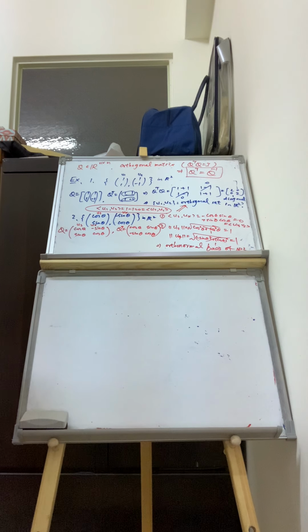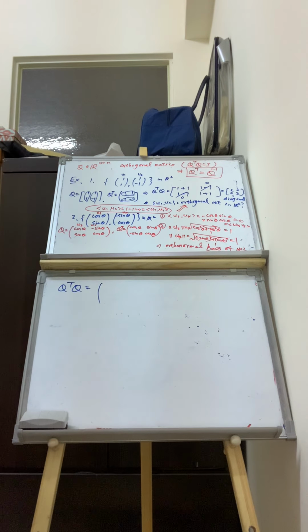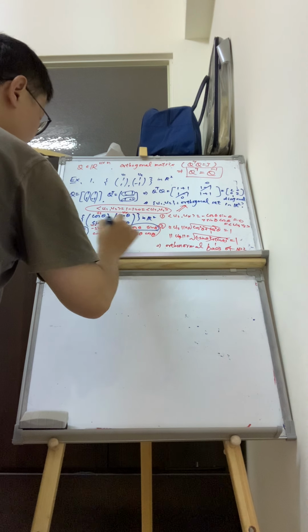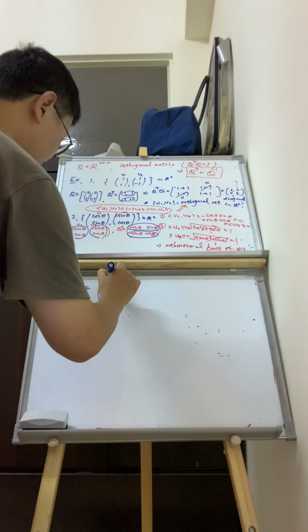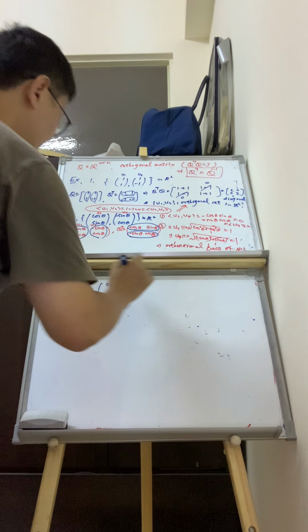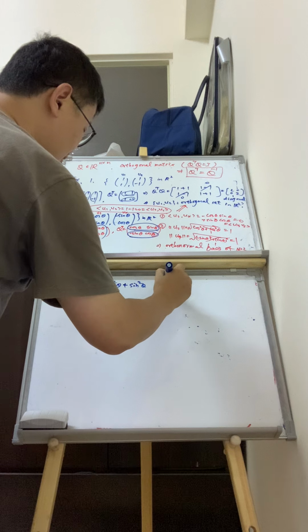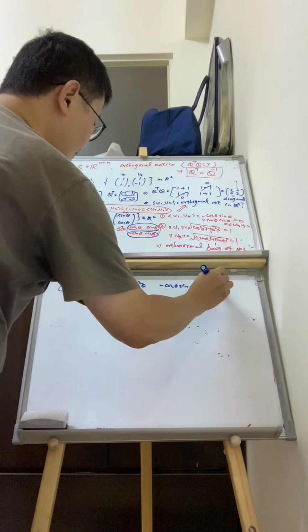So now let's see Q transpose Q. In the first position, cosine square plus sine square. Here is negative cosine sine plus sine cosine.